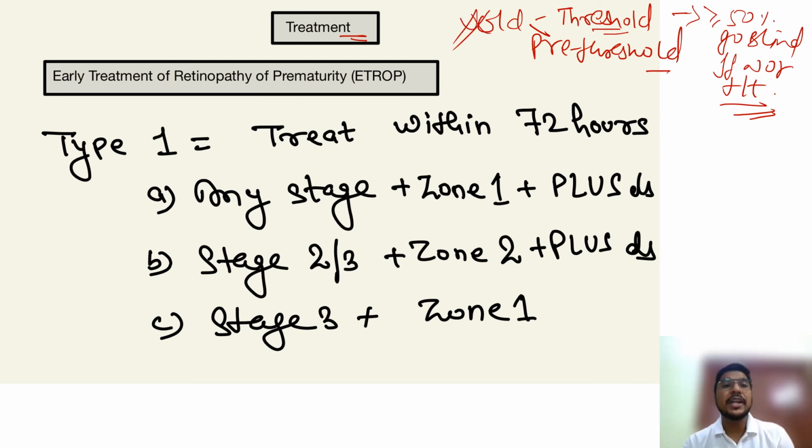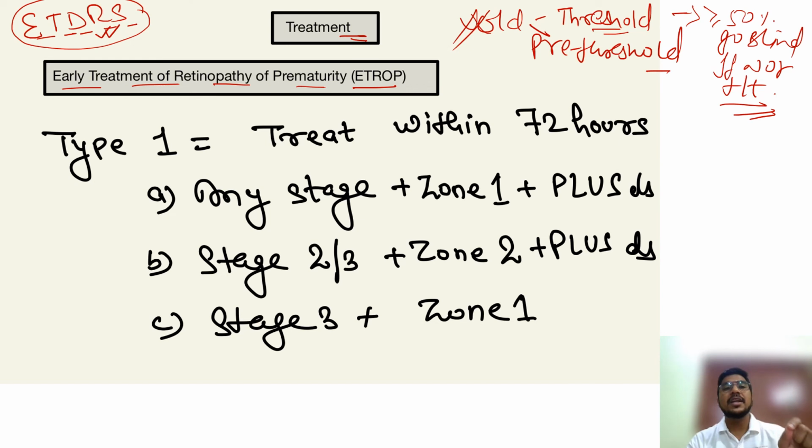What is being followed is early treatment retinopathy of prematurity. It is similar to our ETDRS, early treatment diabetic retinopathy study. They can ask you the full form also. In diabetic retinopathy the study was the early treatment diabetic retinopathy study, but in ROP it is early treatment retinopathy of prematurity.